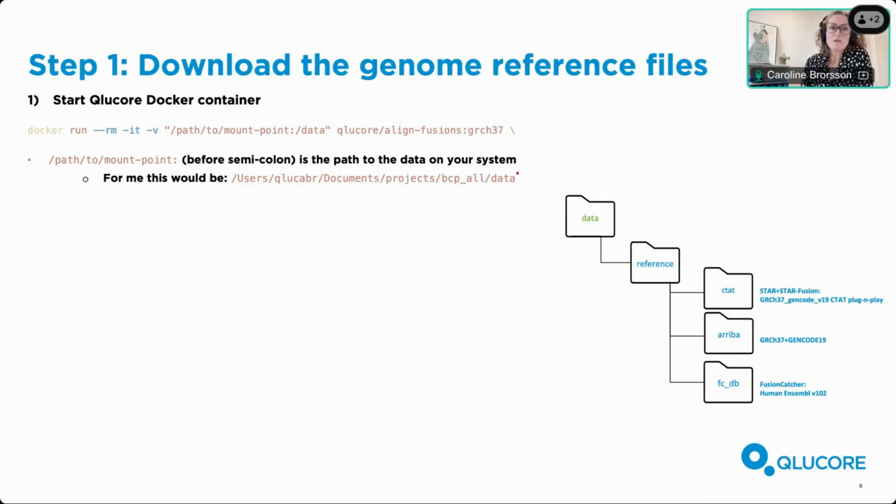And for me, this would be in this line called users, my initials, documents, projects, BCP, ALL, and data. And this data folder is then mounted in the Docker container. And after the semicolon, it should be called data.